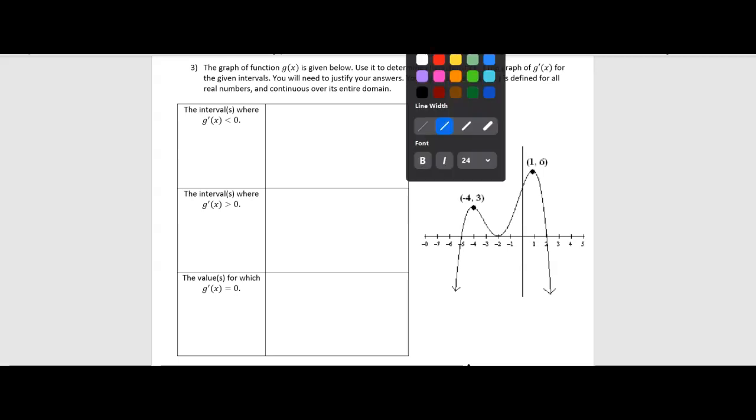Okay, so one of the relationships we talked about in the first video was g prime of x is less than 0 when g of x, or the original function, is decreasing. Okay, so we need to look at places on the original function where it's decreasing, and then we'll know where the derivative is negative.